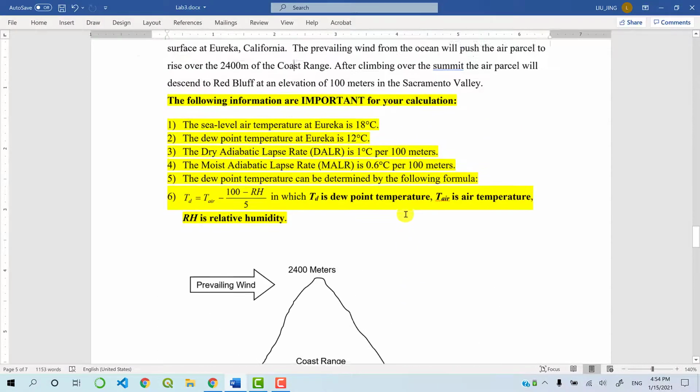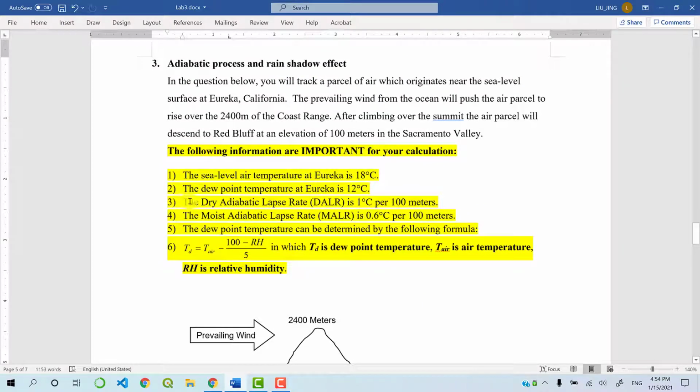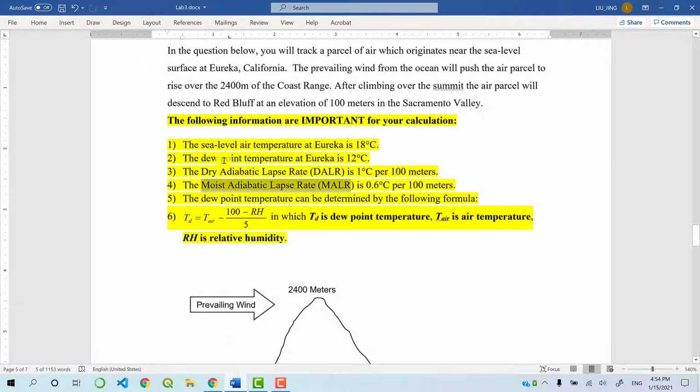Very important is how fast the temperature changes as it goes up or down. If your air is not saturated, you use DALR to calculate the temperature change, and if the air is saturated, you use MALR. That is very important.